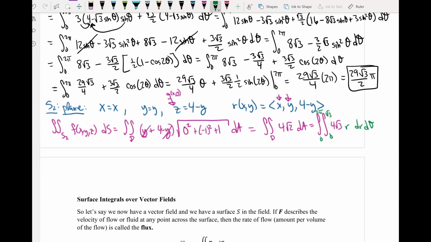Alright, so we're going to get 4 square root of 2, integral from 0 to 2 pi. This is going to be r squared over 2 from 0 to square root of 3 d theta. So this is going to be 4 square root of 2, and that's going to be 3.